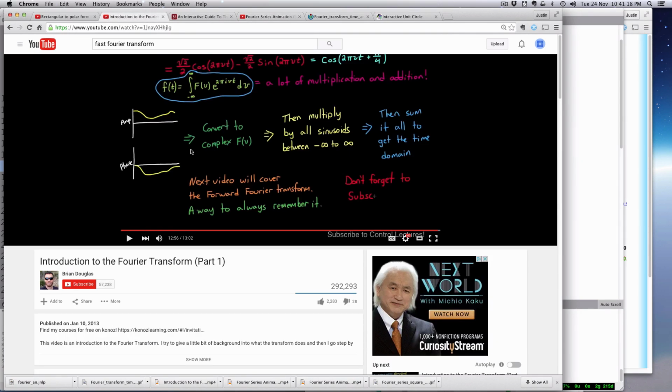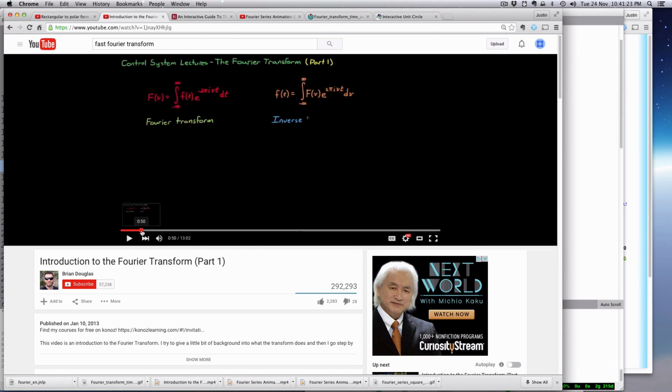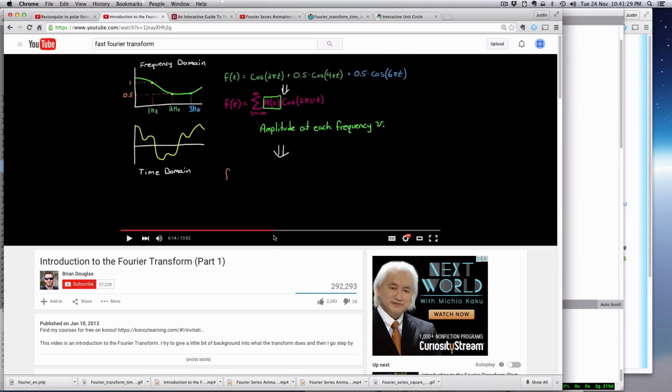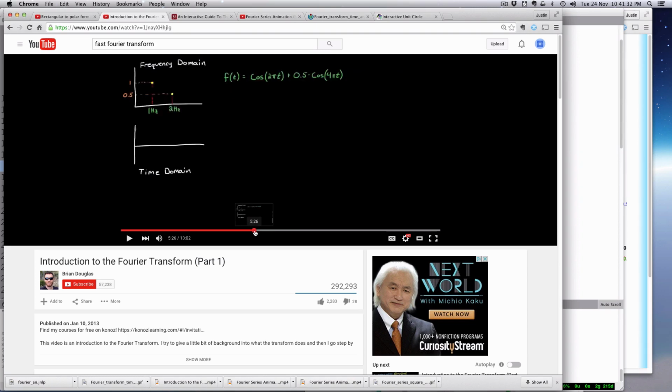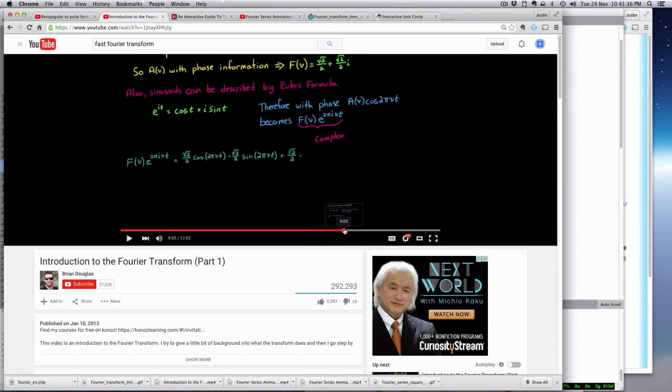Again, this idea of the time domain versus the frequency domain, and how we use the beauty of the way unit circles work and the way polar and rectangular coordinates work to easily slide between the two different domains. Okay, well, hopefully that was helpful, and good luck with all your Fourier transformations.